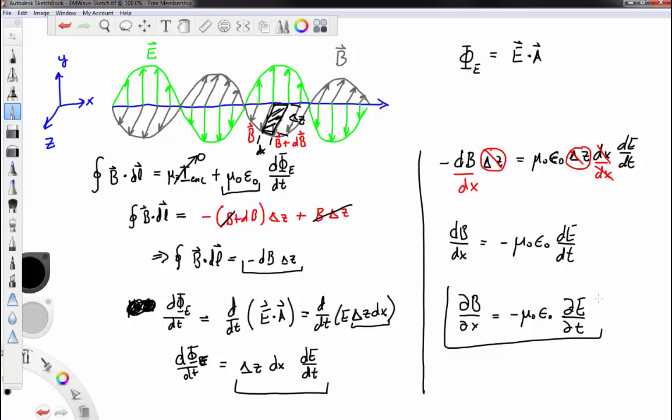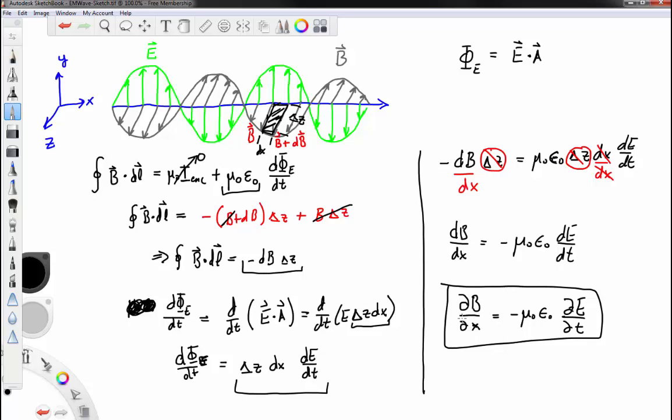The reason we put a partial derivative is to remind ourselves that this right here is a derivative with respect to x of B while time is held constant, and this is a derivative of E with respect to t while x is held constant.